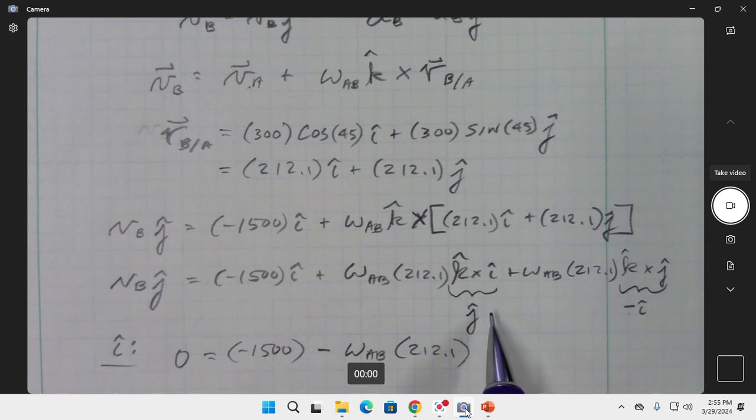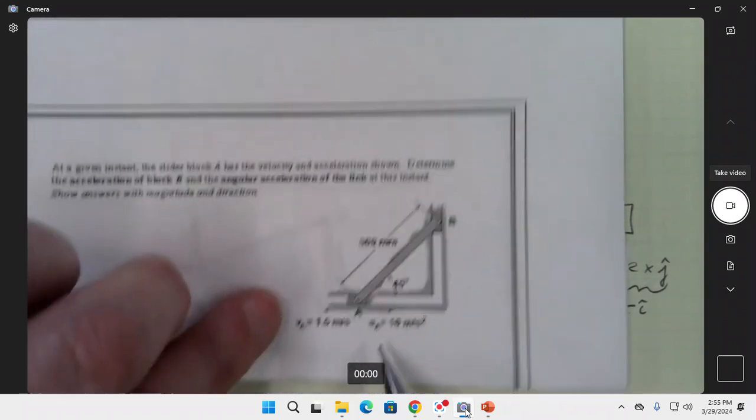What did I do wrong? I'm losing it. Oh, it makes sense, I'm sorry. Because it's going to the left, so it's going to go clockwise.